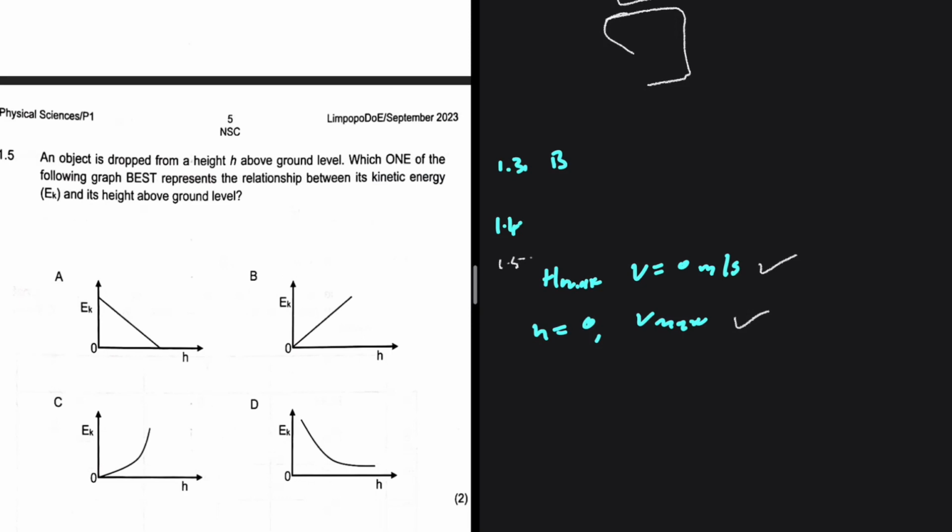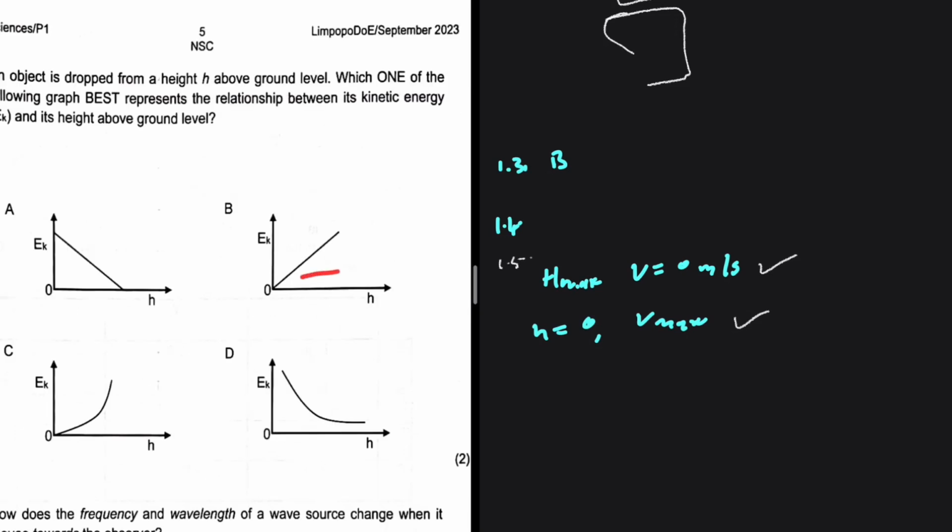So let's try to find a graph that supports what we are saying, which we know to be true. Here, as the height is increasing, the kinetic energy is increasing. This cannot be true. When the height is increasing, we need our kinetic energy to be decreasing because v is equal to 0 at the maximum height.